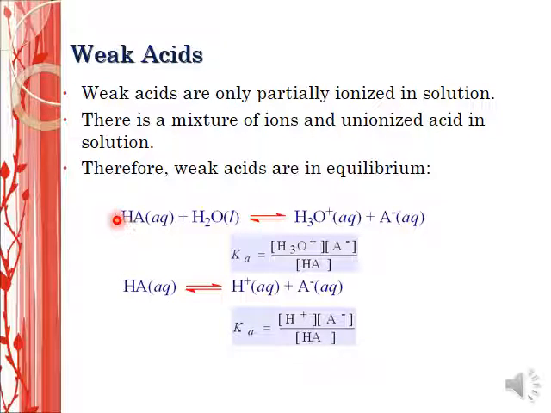Therefore, for weak acids, we write the expression using Ka, the constant for weak acid, which is product over reactant. Why don't we consider H2O? Because it's a liquid. In the expression we only consider aqueous species.